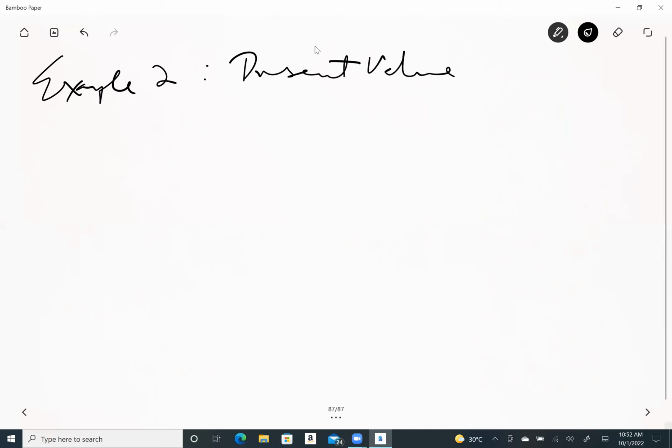When you do the derivative, we want to find future value. When you do this part here, the integral, you find present value. So example number 2, I want you to read. I think there will be nothing difficult. Just apply the integration, and then we do one question on that.